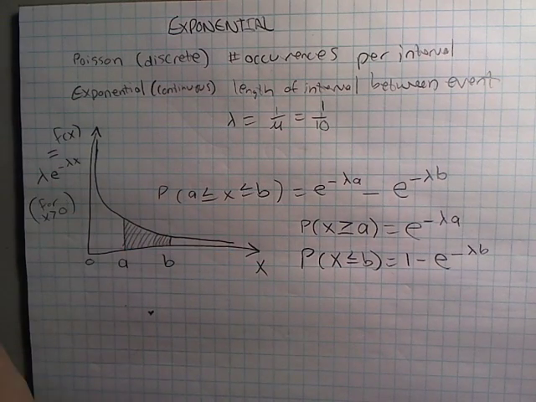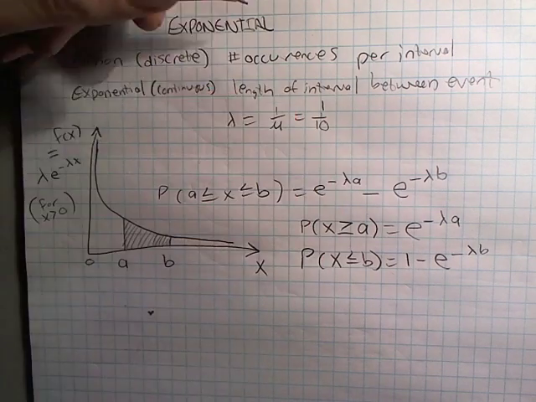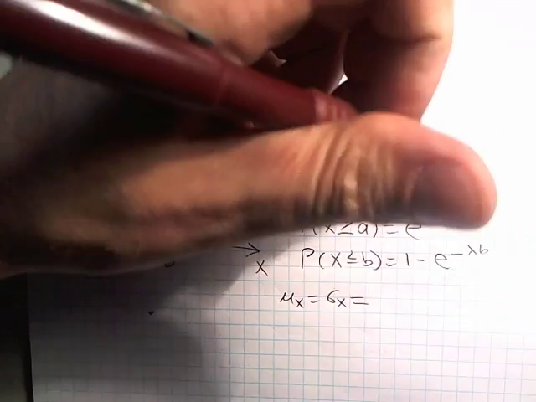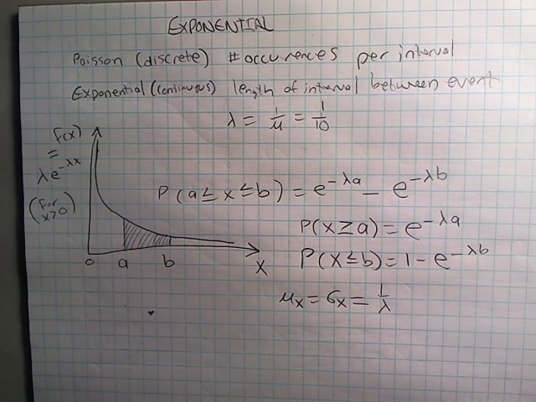And finally, the mean of this distribution is equal to the standard deviation, and both of those are equal to 1 over lambda.